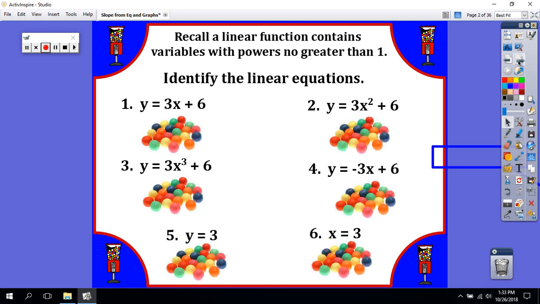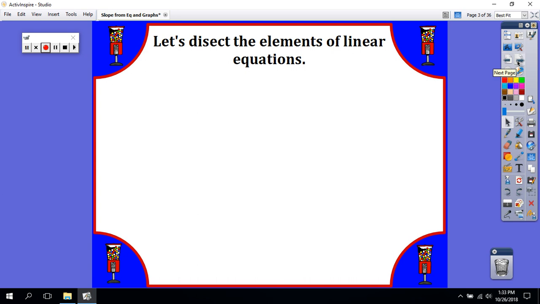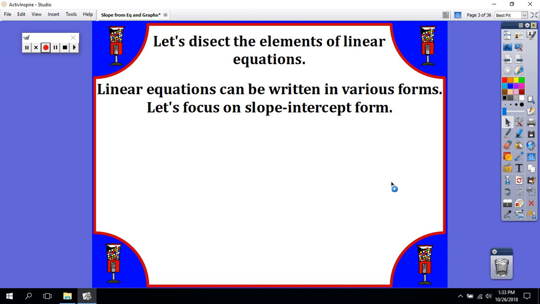Okay? So first, let's look at parts of a linear equation. Linear equations can be written in different forms, but we're going to look at a special form called slope-intercept form. It is the first way that we can write one.